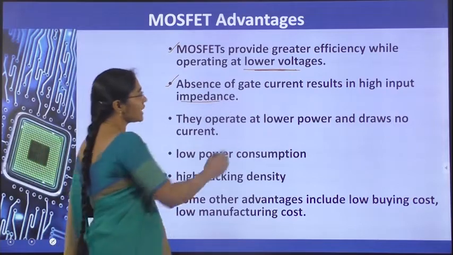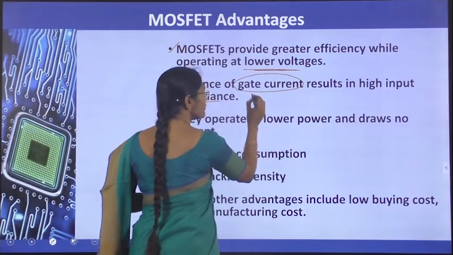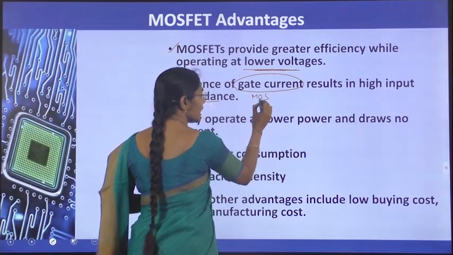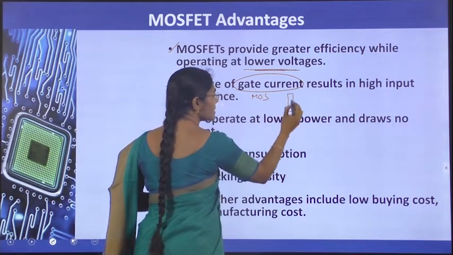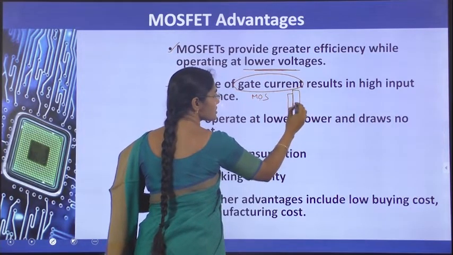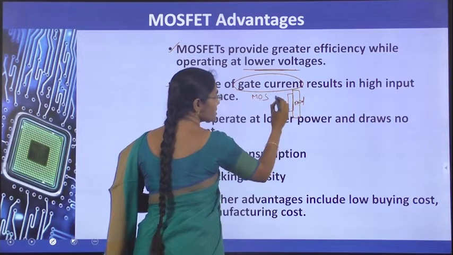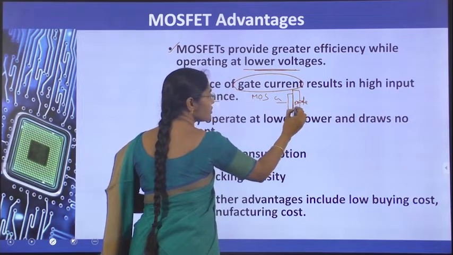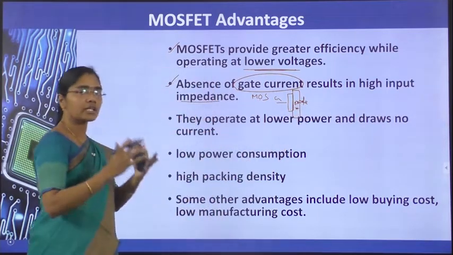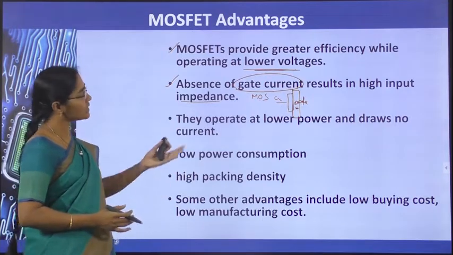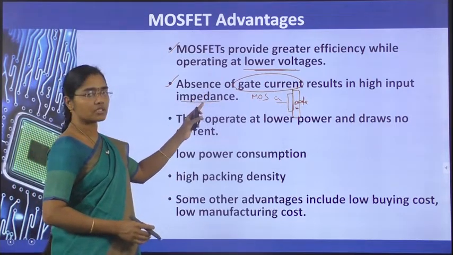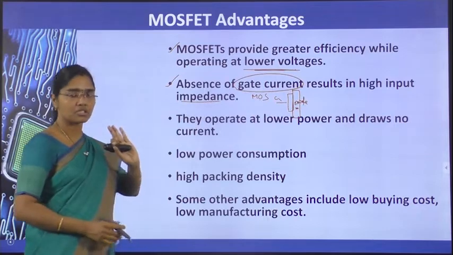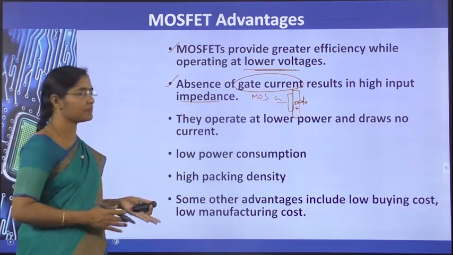The absence of gate current is because of the structure of the MOS: the gate is insulated with oxide. Because of this insulator, the gate current is absent, and because of that absence, it results in very high input impedance.